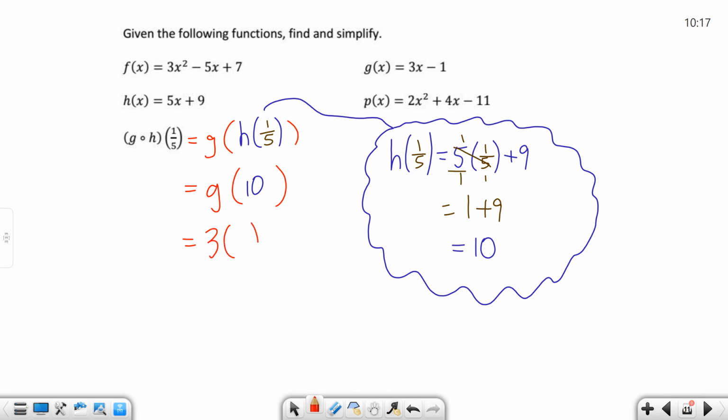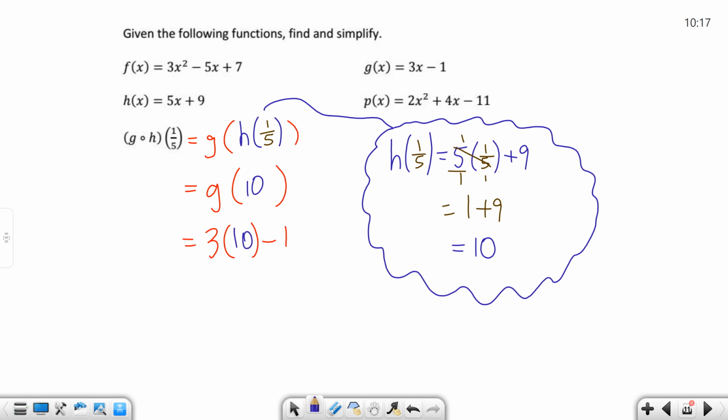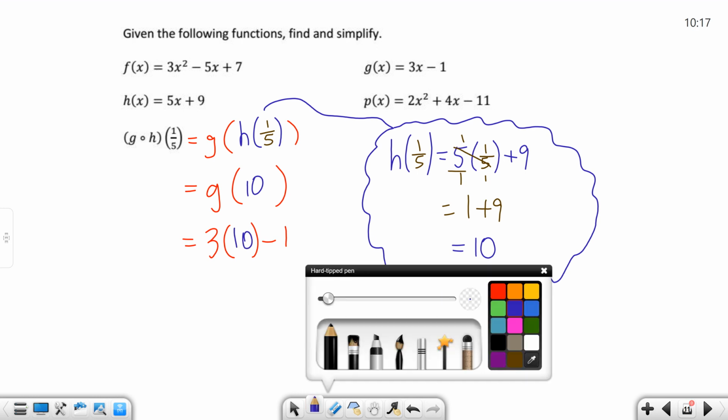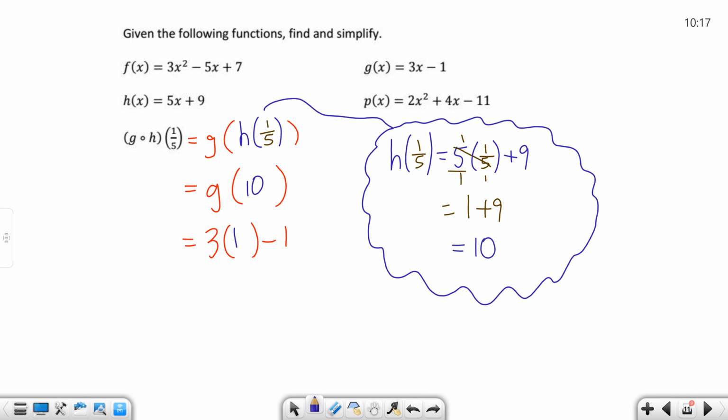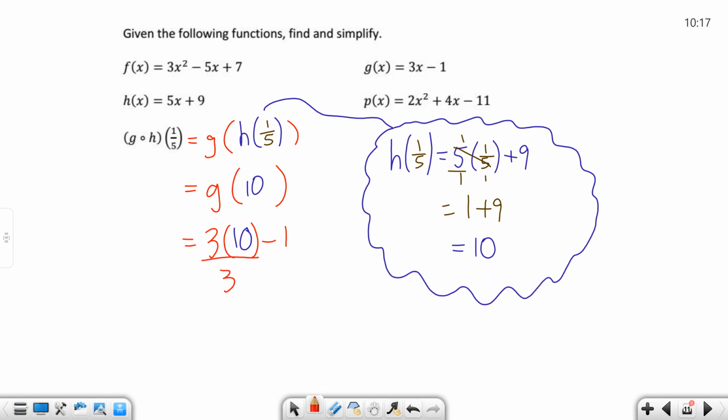So it's going to be 3 times something minus 1, and that something is 10. It's not much better. 3 times 10. It's 30, right? Put that in, 30 minus 1, and then put those together, and that gives you 29.